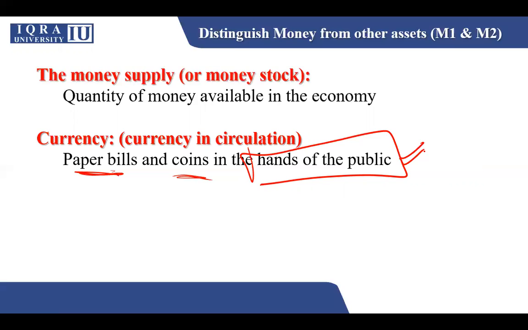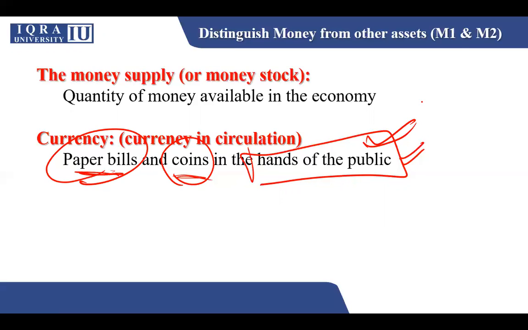Currency in circulation is when the paper bills and coins are available in the economy, ready to be utilized, and in the hands of the public. We call paper bills or coins a currency.